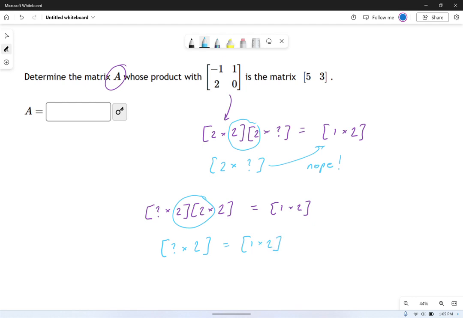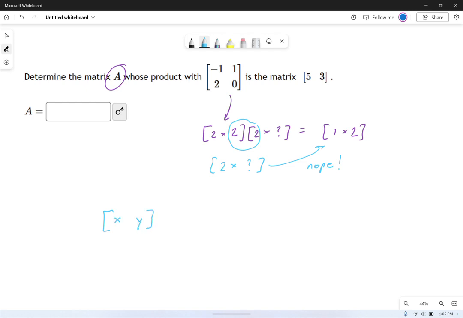So the something must be 1. All right, so that took a little bit of work, but now we know that I have a 1 by 2 matrix. Let's just call it [x y], times [[-1, 2], [1, 0]], equals [5, 3]. I know that was a lot of work, but now we have an equation we can work with.